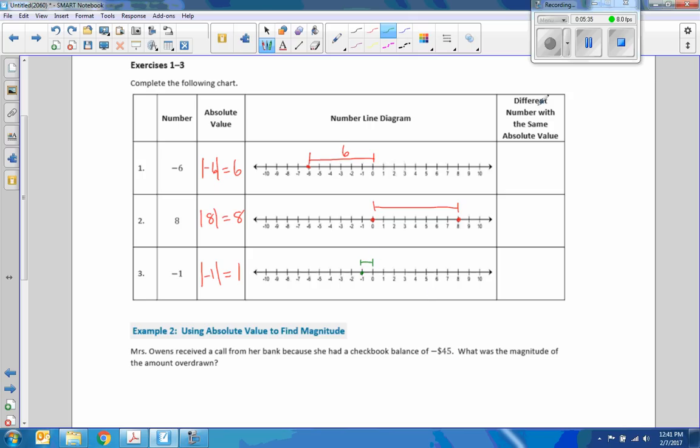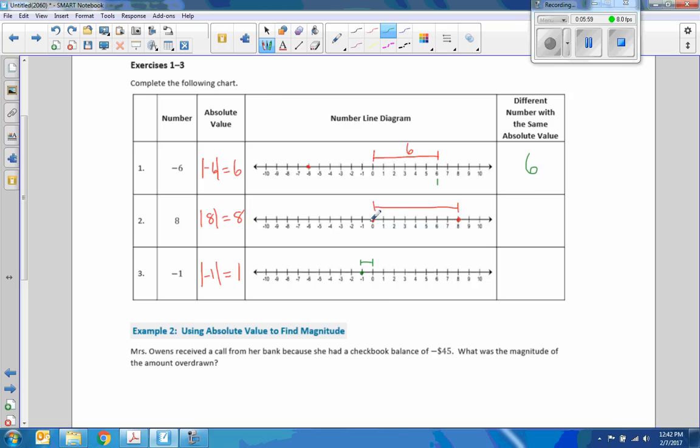Okay. Now it says different number with the same absolute value. In other words, a different number that's the same distance from 0. So now if I take this over here, I end up at 6. Okay, so I ended up right here. So the answer is 6.